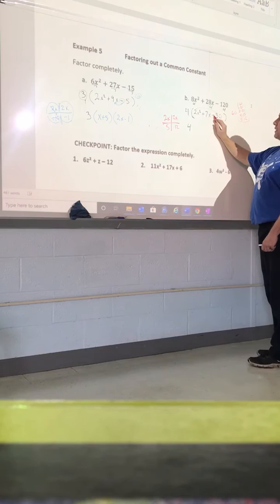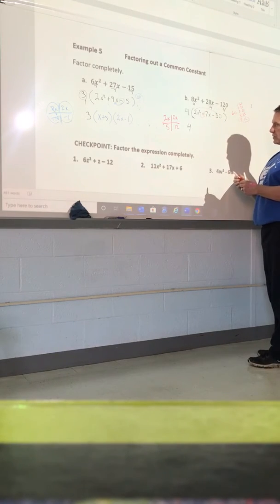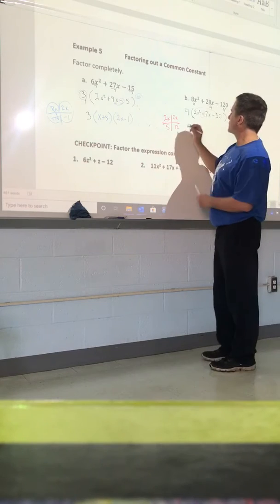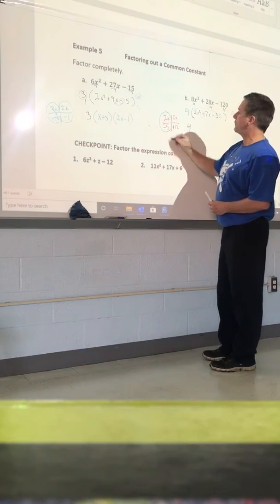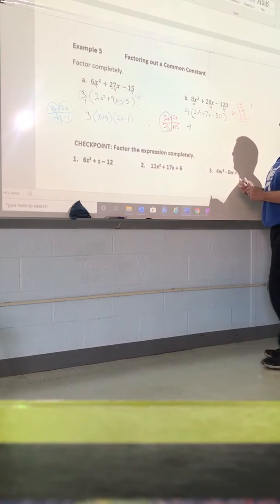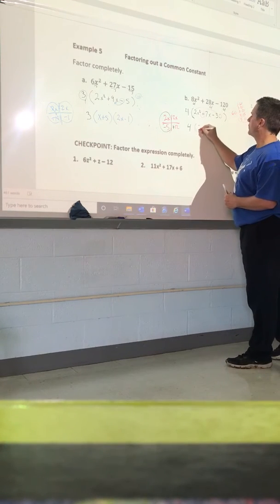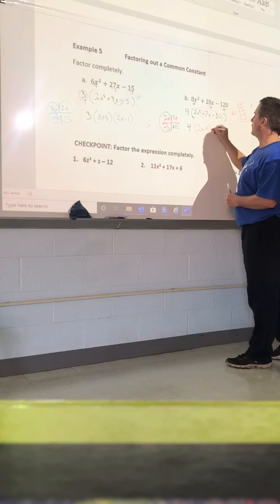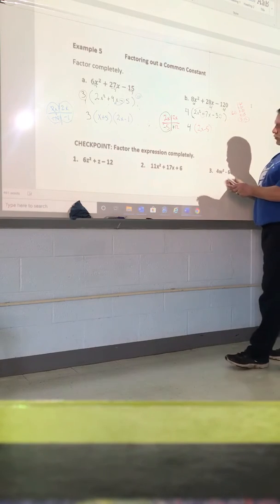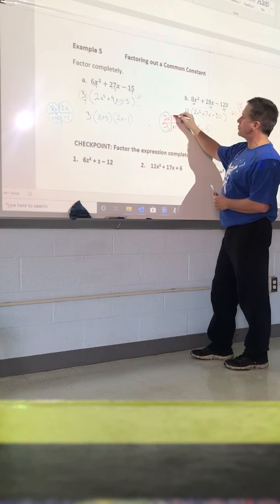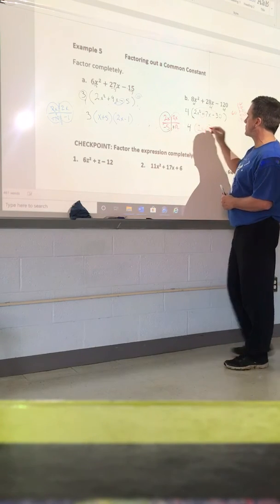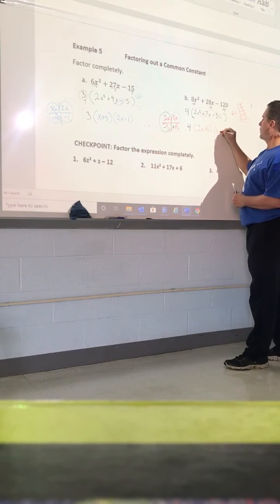The signs are going to be different. The bigger one again has to get whatever that middle sign is, in this case a plus. So the plus sign goes here, and the minus sign there. We can't factor anything out of 2x minus 5, so we just bring it over. And the other, 2x plus 12, we can factor 2 out, that becomes x, that becomes a 6, so we got x plus 6.